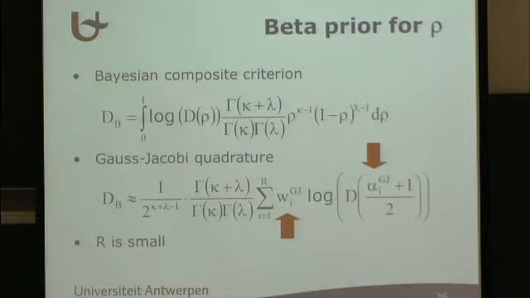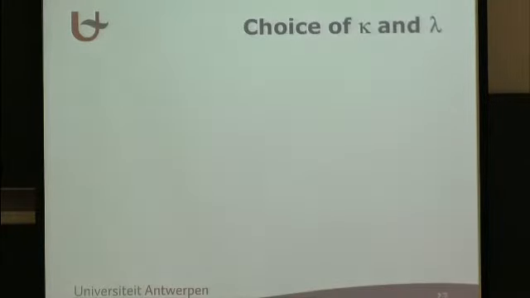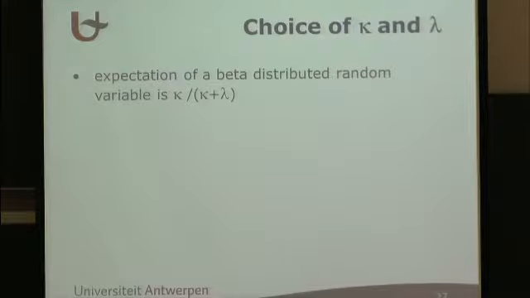And here also we can get away with very few draws, with very few alphas, so that we have to evaluate our composite design criterion only very few times to find good experimental designs.